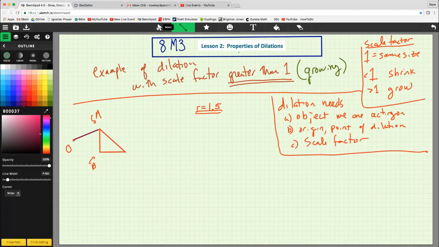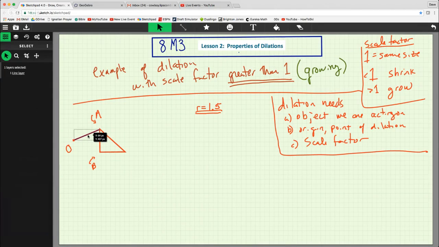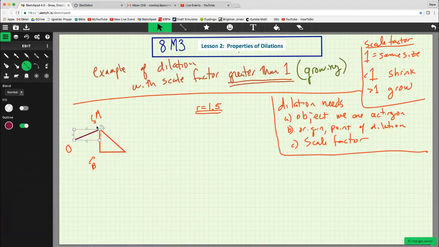We're going to dilate about this point here, O. This is ray OA, and we have to make it 1.5 times bigger. So that's this size plus another half. So 1.5 times this length. We're going to add another half. That would be doubling, so we're just going to go about 1.5 times.